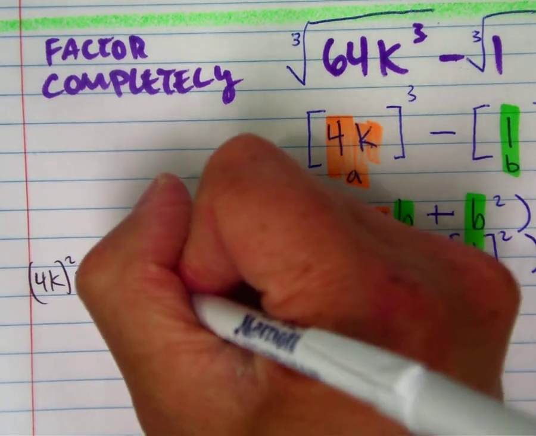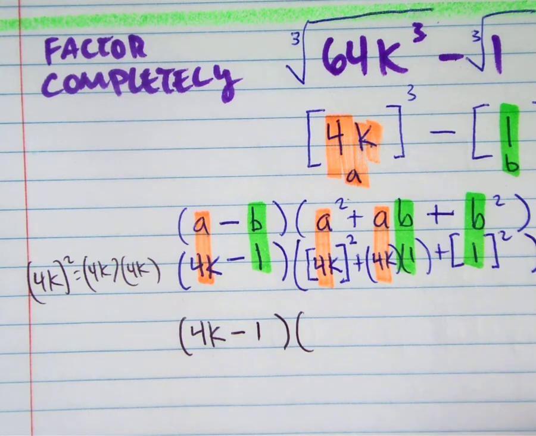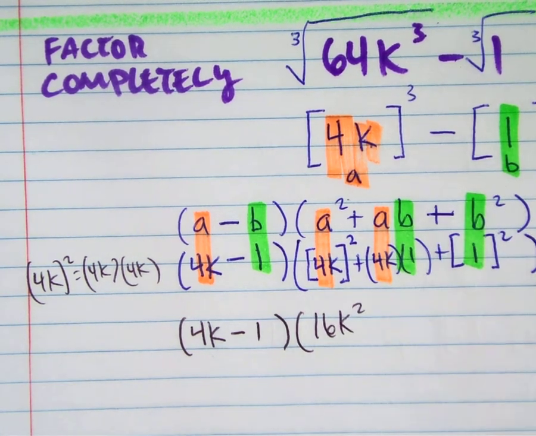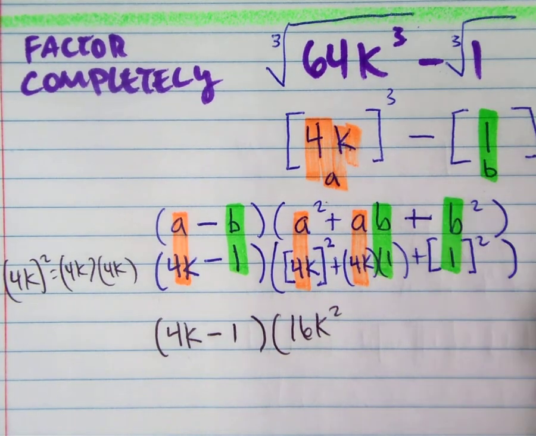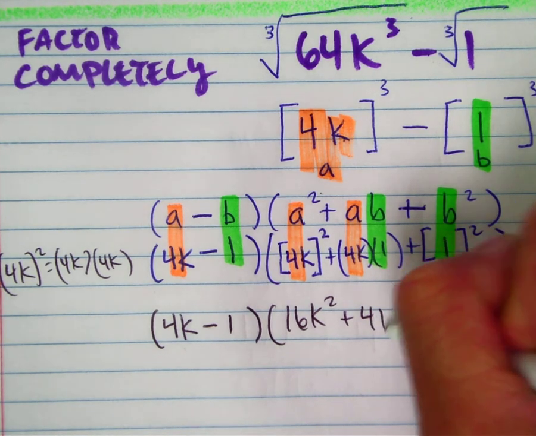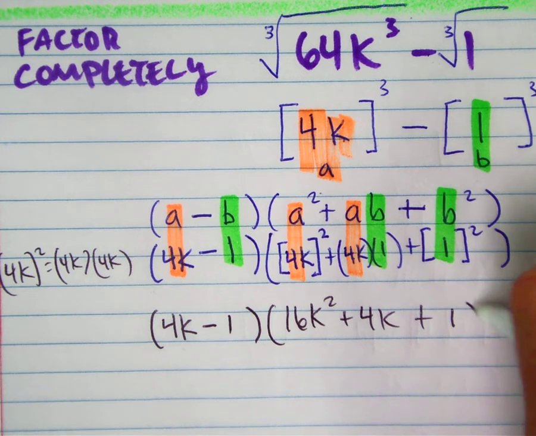That means you have 4k times 4k. What is that, class? 16k squared. And 4k times 1? 4k. And 1 squared is 1.